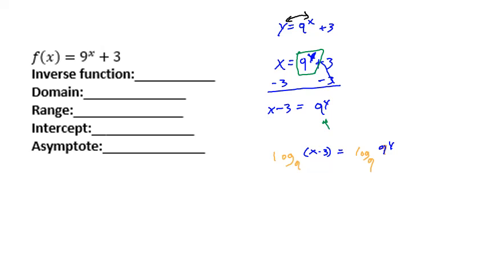So what would happen? The log base 9 and the base 9 would cancel each other out, which means that we would just have y on the right side. So now we have log base 9 of x minus 3 is our inverse function.